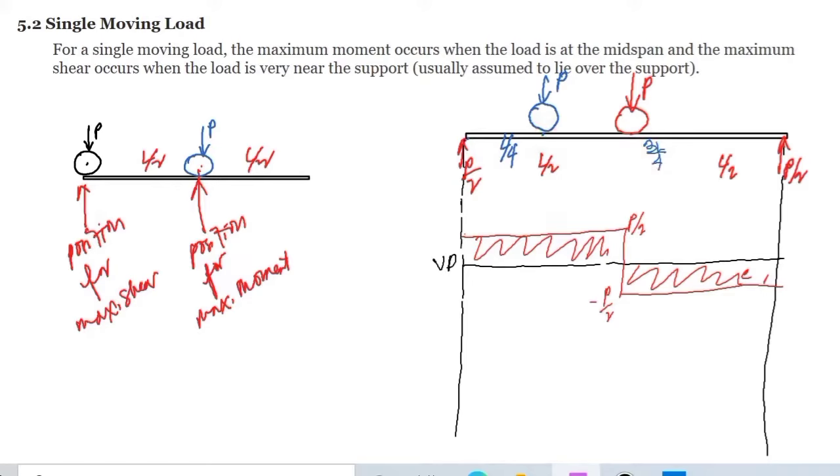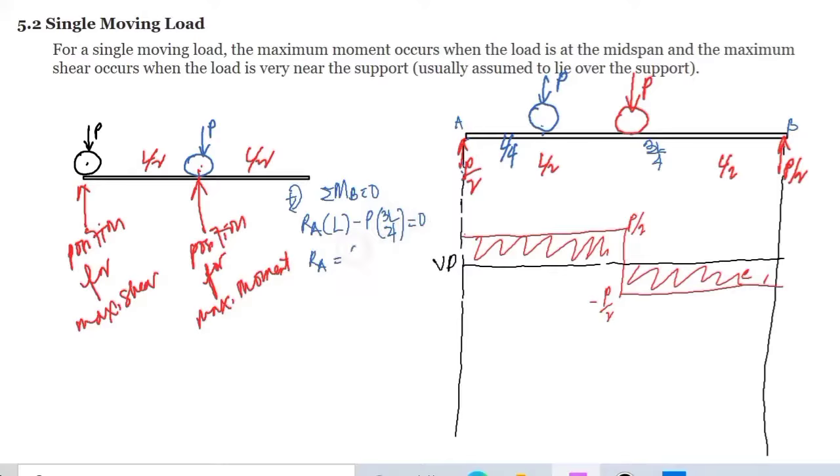And now computing for the reaction here, for this position, we are going to sum moments about point B, with this as point A and point B, equal to 0, taking the clockwise direction as positive. Now, we will assume this as RA, that's the reaction at point A, and that will create a clockwise rotation with respect to point B with the distance of L. And this P here would rotate counterclockwise, so that's negative P multiplied by the distance of 3L over 4, equal to 0.